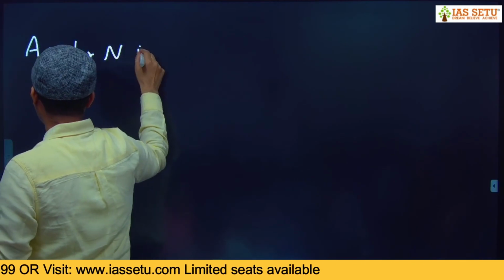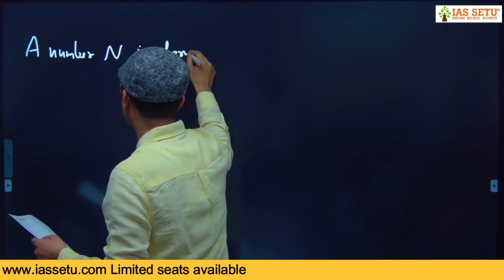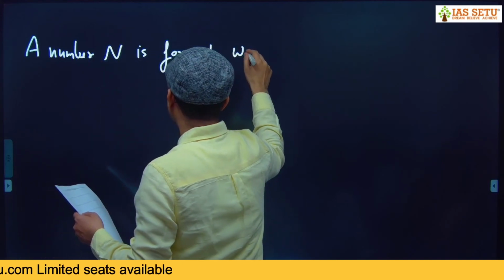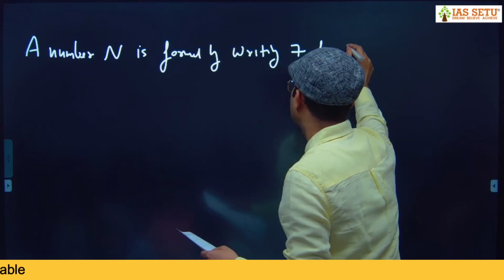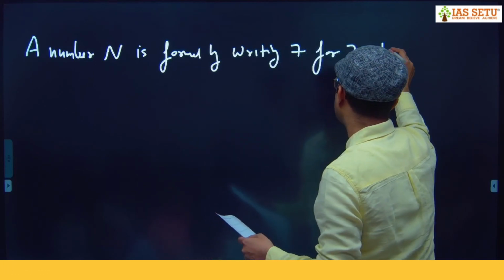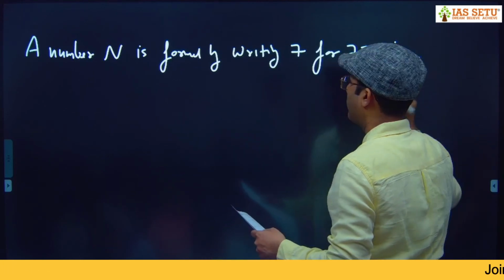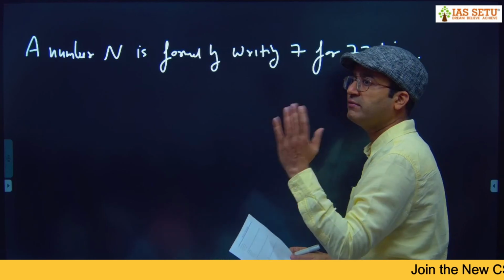A number n is formed by writing 7 for 77 times. A number in which 7 is written 77 times.